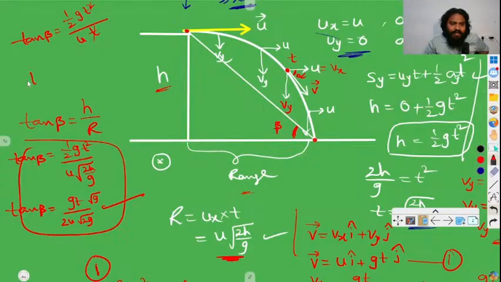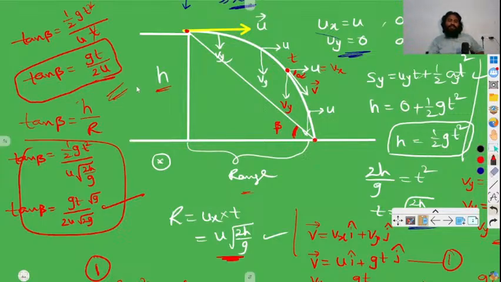Now tan beta equals gt by 2u. Tan beta equals gt by 2u. This is also a simple relation which you are able to find, right?